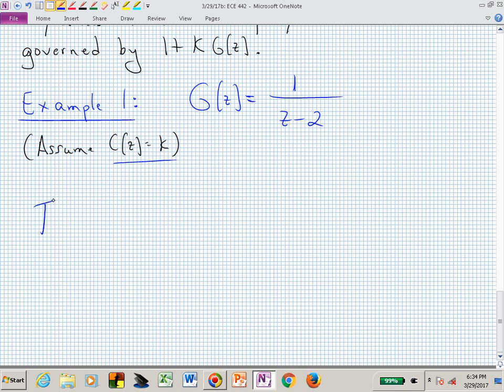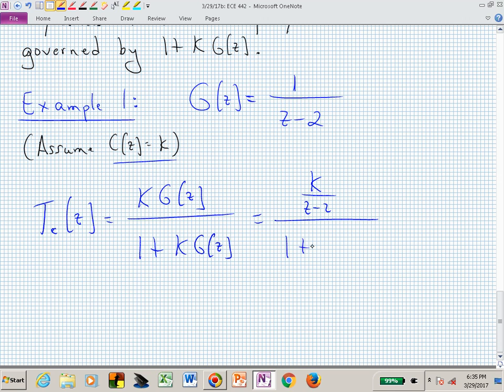T sub C of Z is our CG over 1 plus CG, where C is K. We're just assuming it's a simple proportional controller. This now becomes K over Z minus 2, over 1 plus K over Z minus 2.